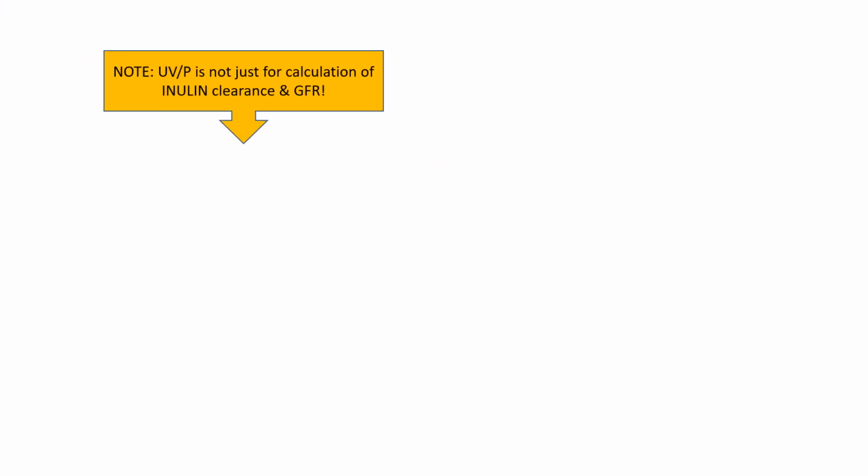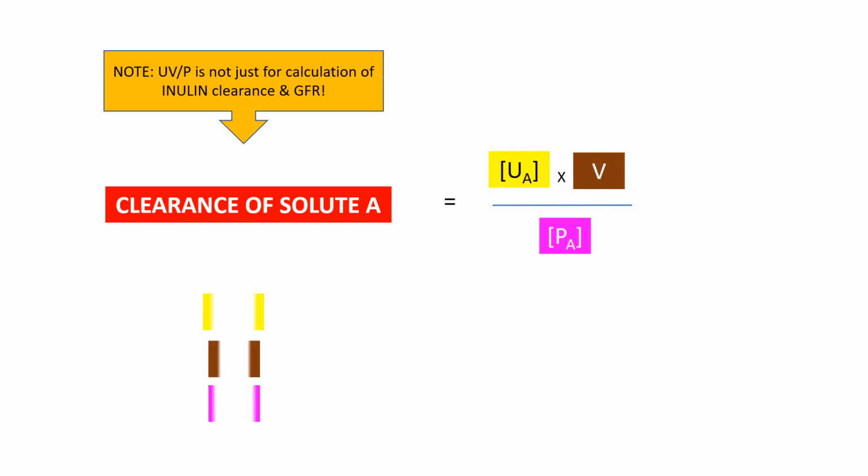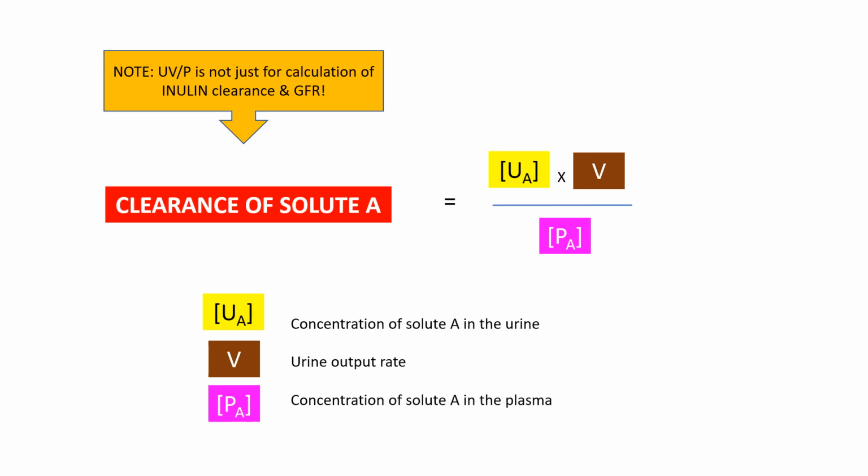Of note, UV over P is not just used for the calculation of inulin clearance and GFR. We can actually use the expression UV over P to calculate the clearance of any solute of interest. That is, the clearance of solute A is UV over P of solute A, where UA is the concentration of solute A in the urine, V is the urine output rate, and PA is the concentration of solute A in the plasma.